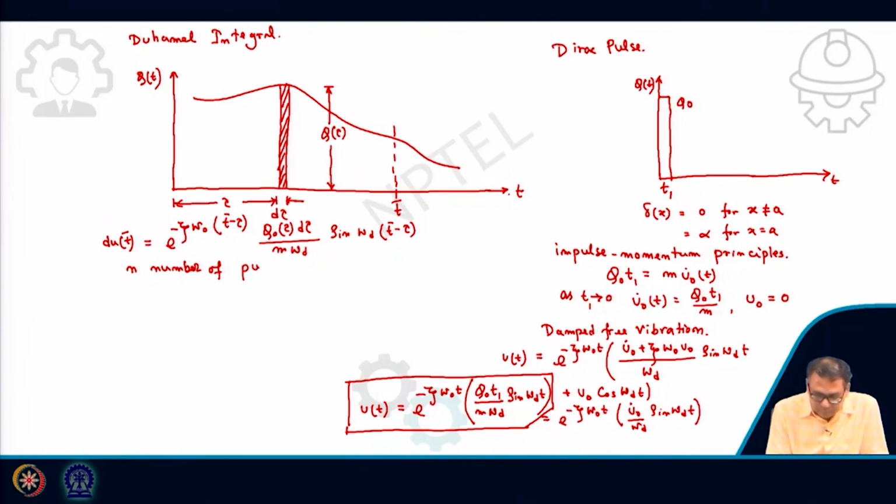pulses is considered up to t equal to t bar. So we have considered n number of pulses up to t equal to t bar, and we want to get the response at t equal to t bar.